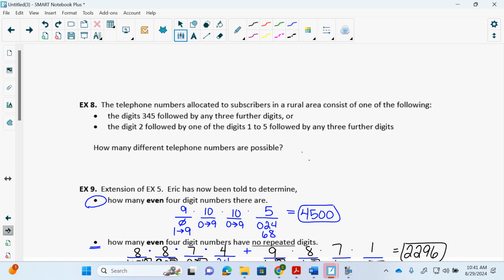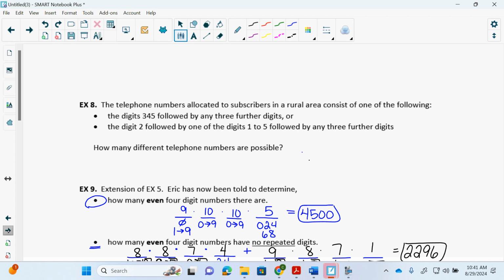The digits 3, 4, 5, followed by any 3 further digits. So it's 3, then 4, then 5, followed by 3 further digits. So that's going to be 6 digits, correct? Or the digit 2, followed by the digits 1 to 5, so the next one could have 1 to 5 in it, followed by 3 further digits.